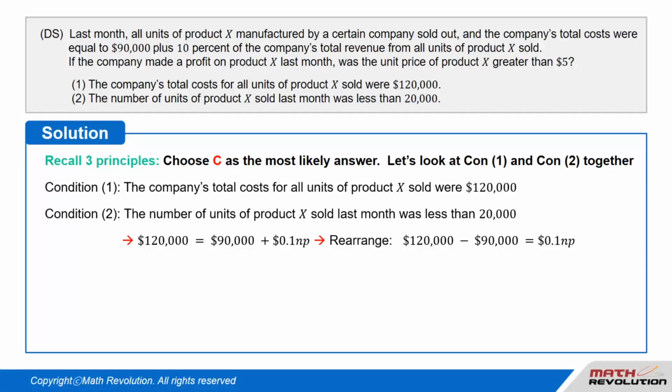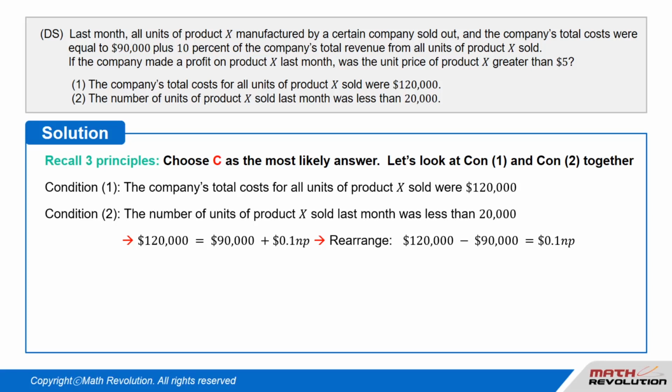Condition 1 tells us that the company's total costs for all units of product X sold were $120,000. And condition 2 tells us that the number of all units of product X sold last month was less than 20,000.